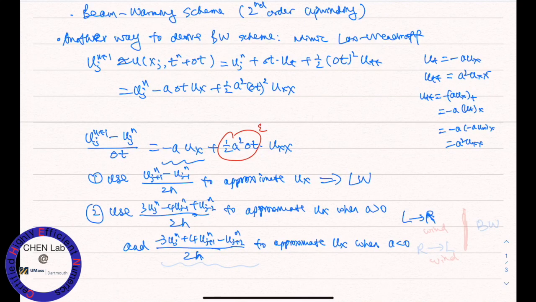When a is less than 0, the wind is blowing from right to left, so you use 2 points on the right, which is j+2 and j+1. What we have here is the Beam-Warming that we just arrived at above. For the above, we derived the case a is positive. When it's negative, it's very similar. You will see it boils down to using this guy.